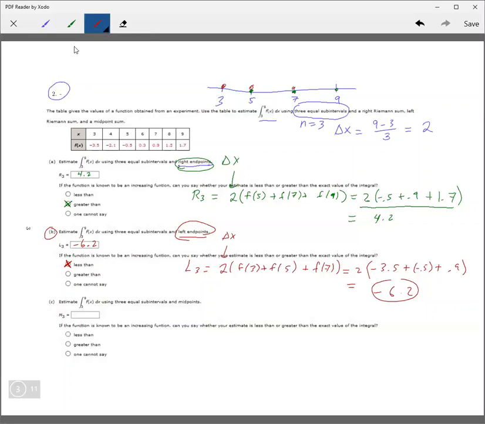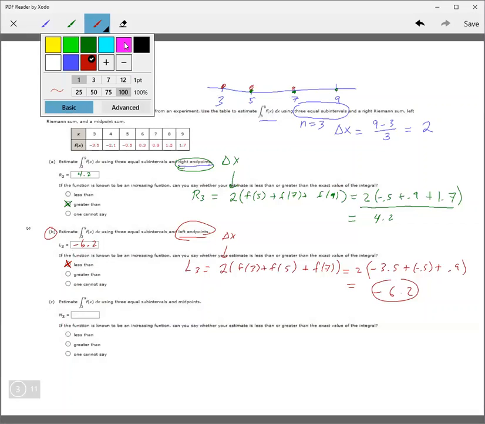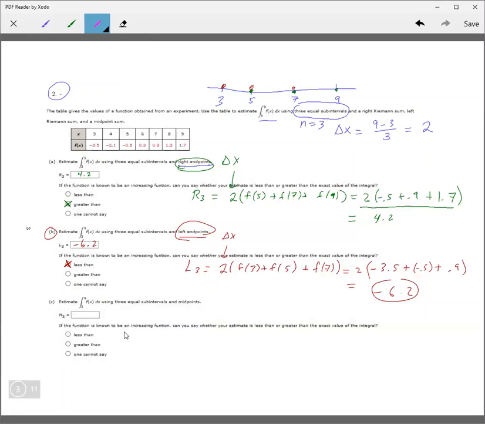And then finally, for the third part, we're going to use the midpoints. So the midpoints are going to be here, here, and here. So that's going to be 4, 6, and 8.